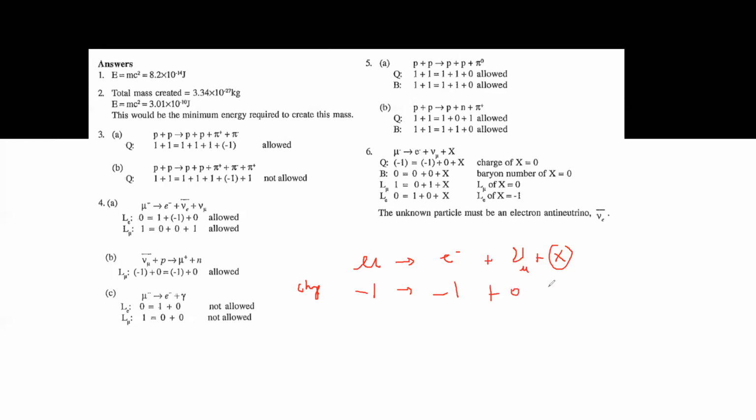Because the charge is conserved, this particle X should have 0 charge. Then we check the baryon number. Muon is a lepton, so baryon number is 0. Electron is a lepton, so baryon number 0. Muon neutrino is a lepton, baryon number 0. Because the baryon number on the left and right hand side is 0, the baryon number of this particle should also be 0.